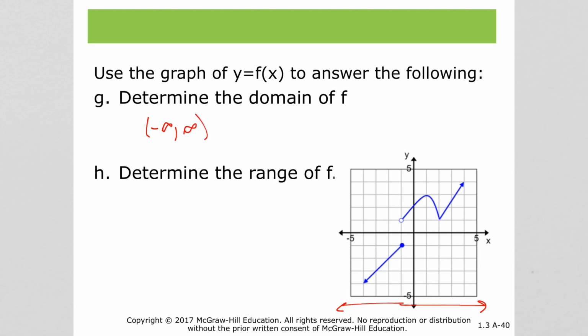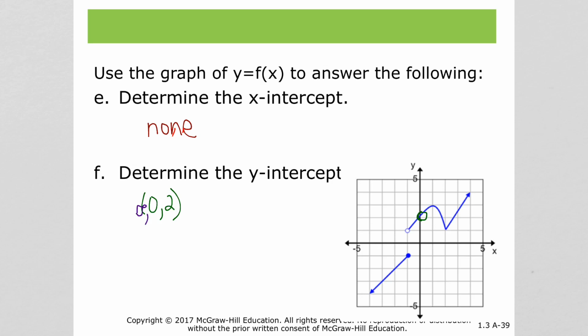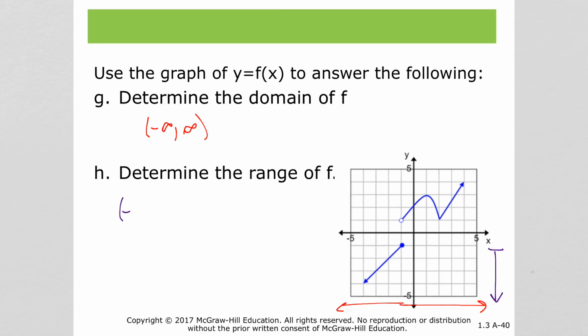And then the range, let's see, we're going down from infinity to -1. So we're negative infinity to -1. And that is including the -1 because it's a solid dot.